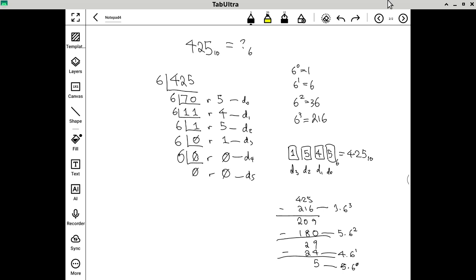The amount is $425, and you need to figure out the number of each denomination needed to make up $425. So the answer is one of the $216 bill, five of the $36 bill, four of the $6 bill, and five of the $1 bill. So that's another way to look at this.